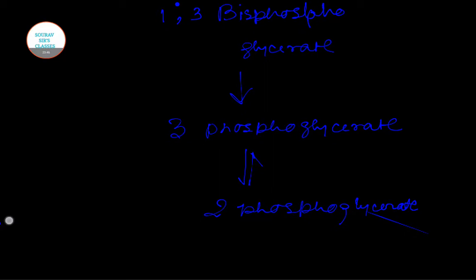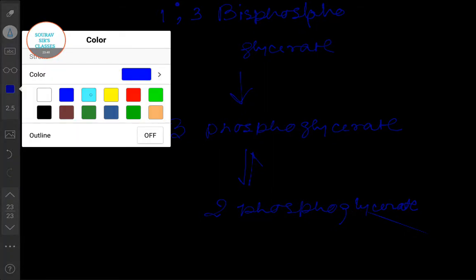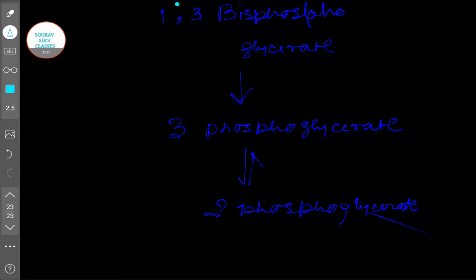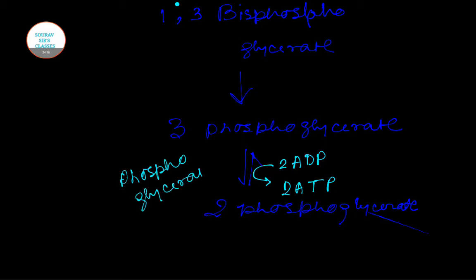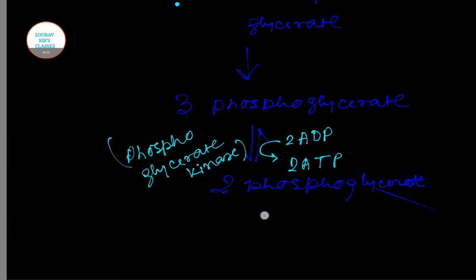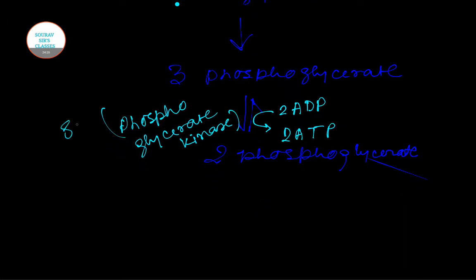Here the enzyme is phosphoglycerate kinase, because this is the first ATP coming or forming. So 2 ADP are consumed to form 2 molecules of ATP, and the enzyme is phosphoglycerate kinase. So this is the 8th reaction. This was the 7th reaction.